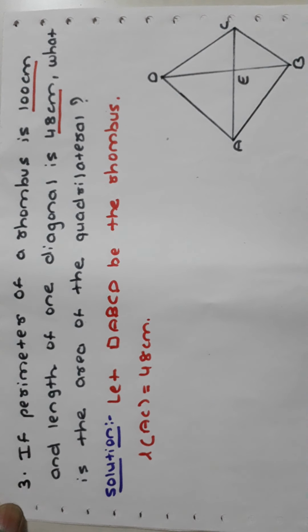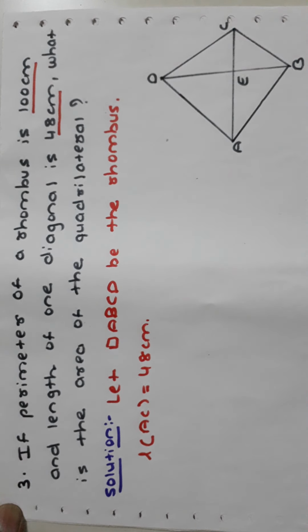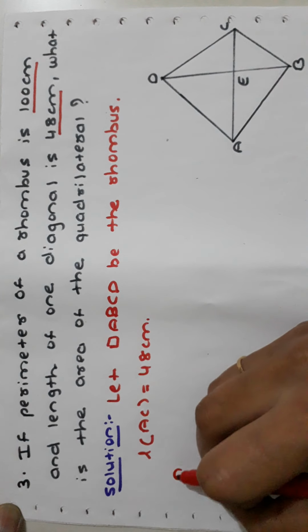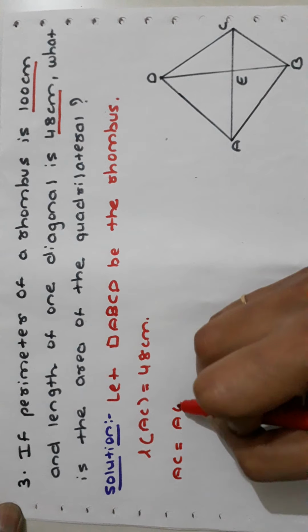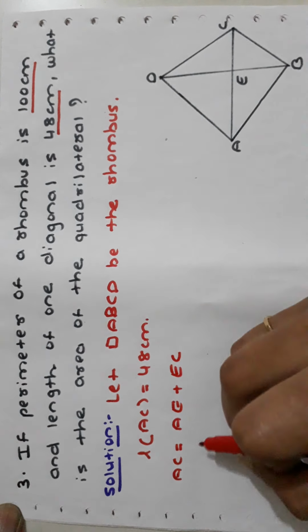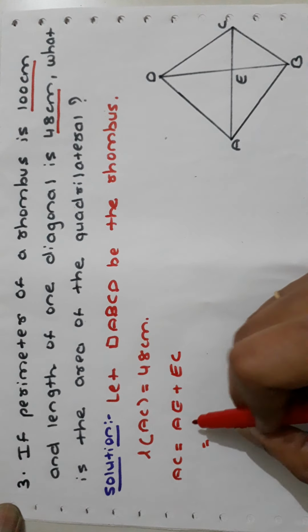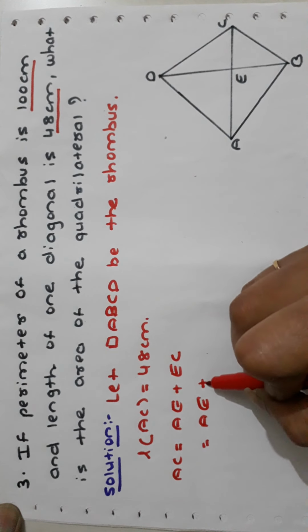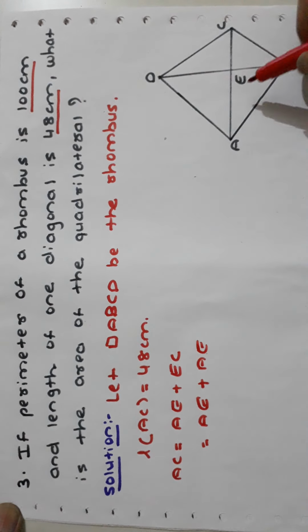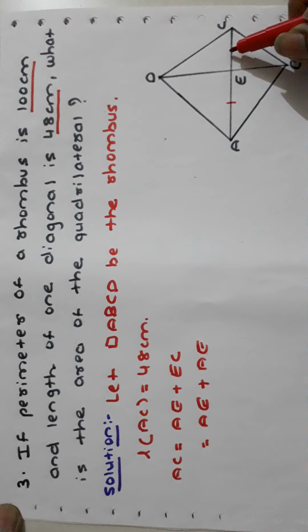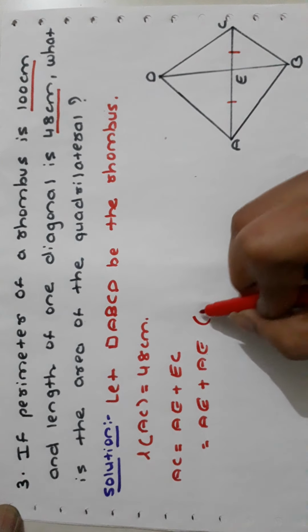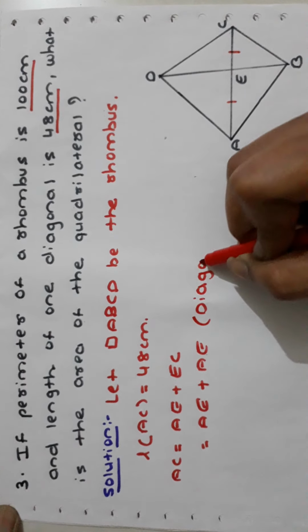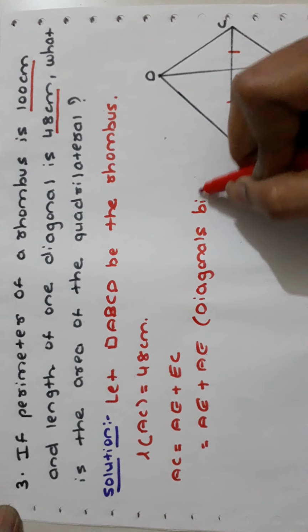Now we know that diagonals of a rhombus bisect each other. So that means BD divides diagonal AC into two equal parts. Or we can say that AC is equal to AE plus EC, but this is equal to AE plus AE because AE is same as EC. The reason is diagonals bisect each other.